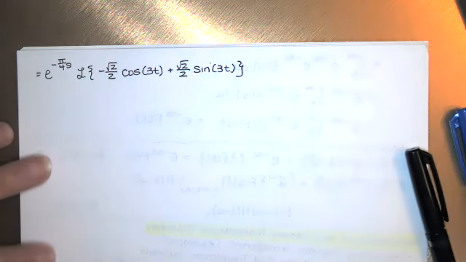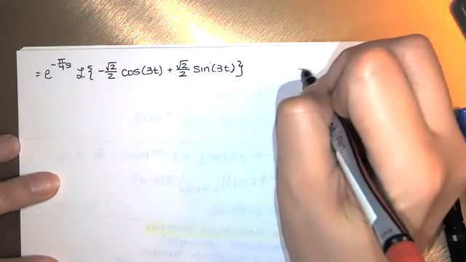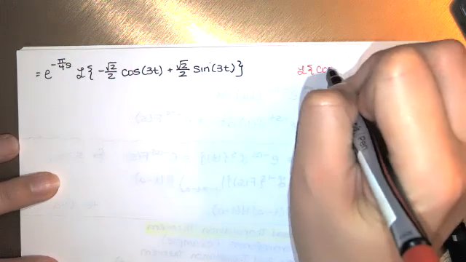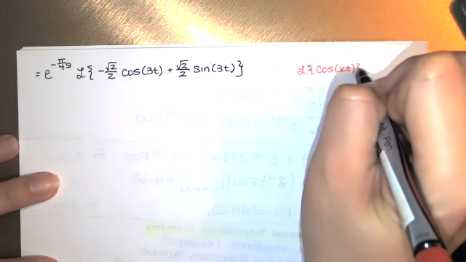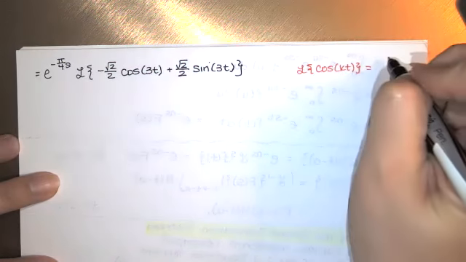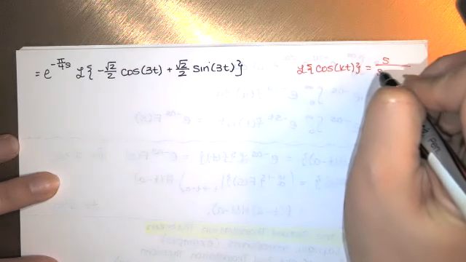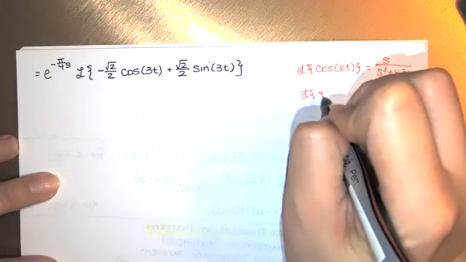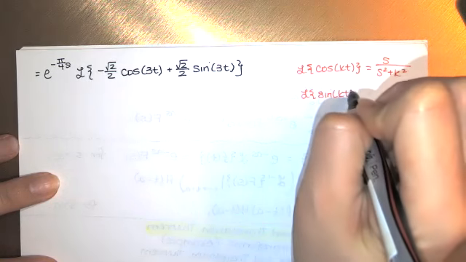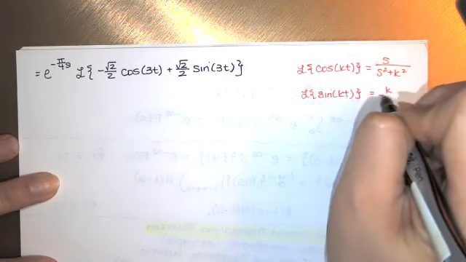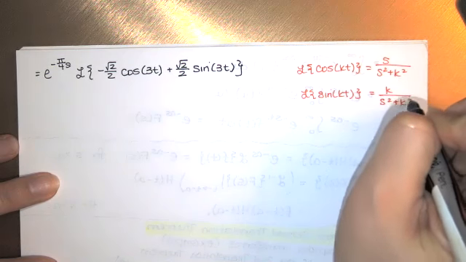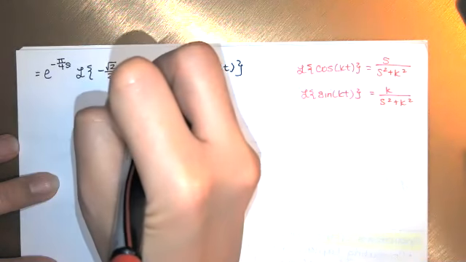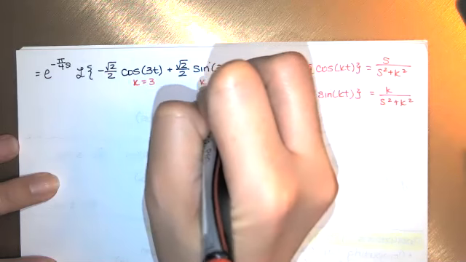Now from our table, or from the Laplace transforms that we have previously studied, we know that the Laplace transform of cosine of kt is s over s squared plus k squared, and the Laplace transform of sine of kt is k over s squared plus k squared. Well, for this one, k is 3, and for this one, k is 3.